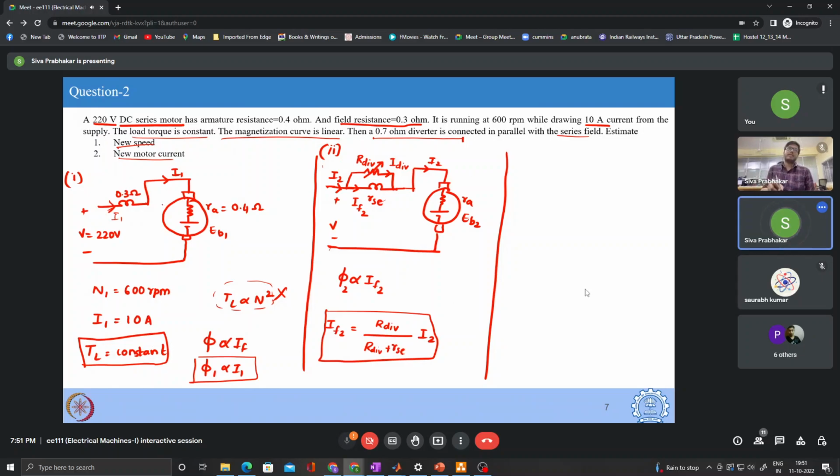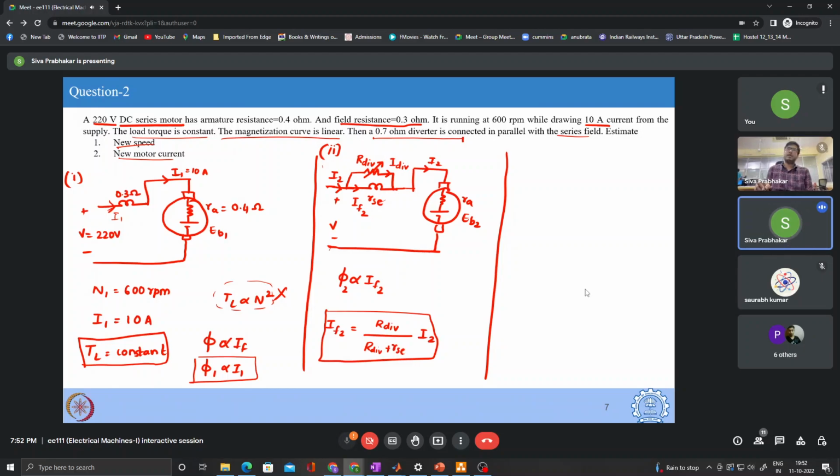First, it is given that initially a series motor was there and a current I1 equal to 10 ampere is flowing through the motor from the supply. The armature resistance is given as 0.4 ohm, the field resistance is 0.3 ohm, and the voltage supplied is 220 volt. Now to the same system, we are introducing a diverter resistance in parallel.